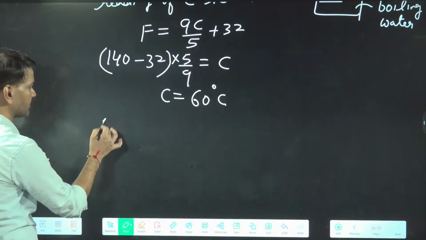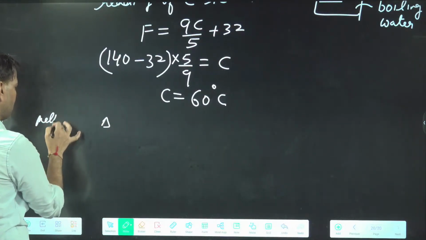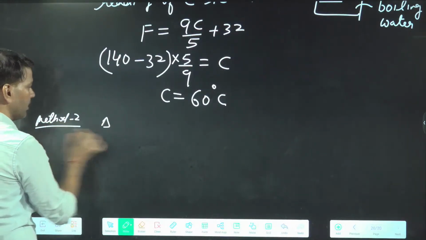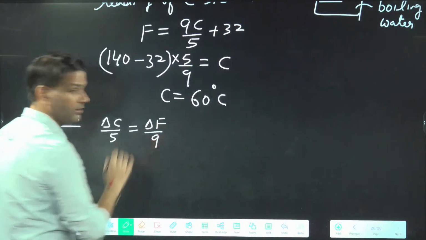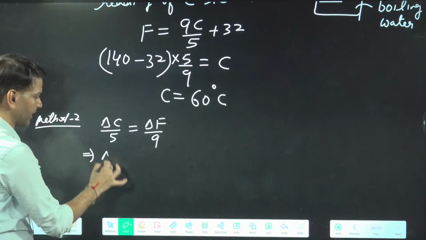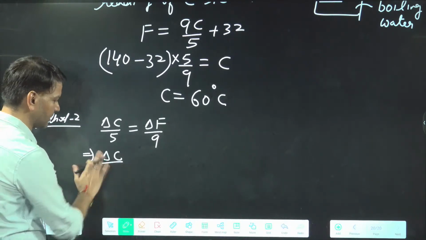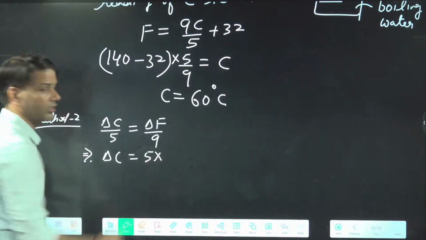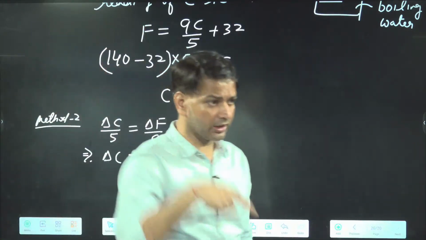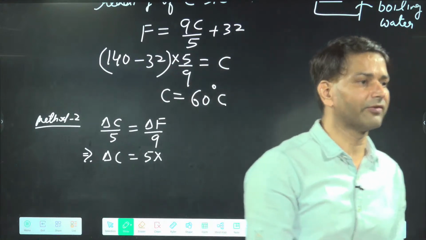We know delta C by 5 is equal to delta F by 9. Then delta C is equal to 5 times delta F upon 9. What is delta F? Earlier 212, now 140, so the difference is 72.